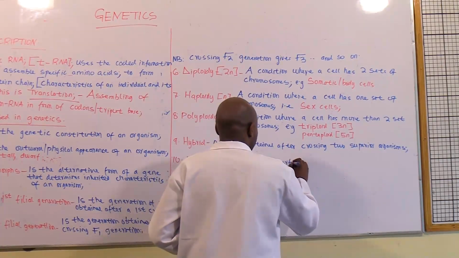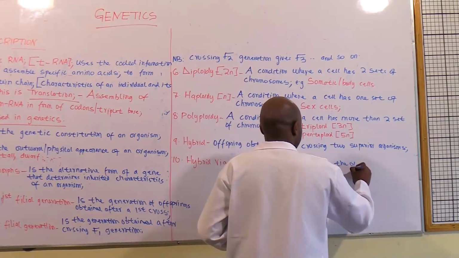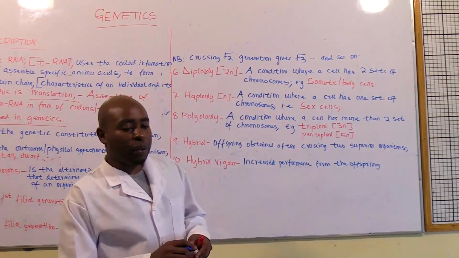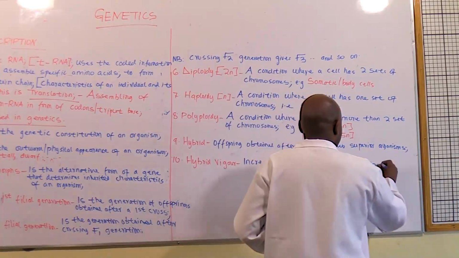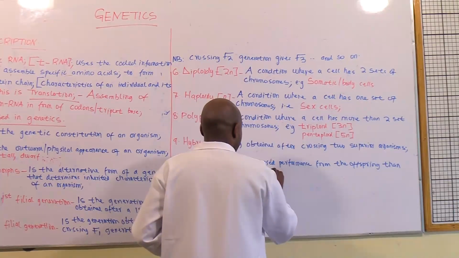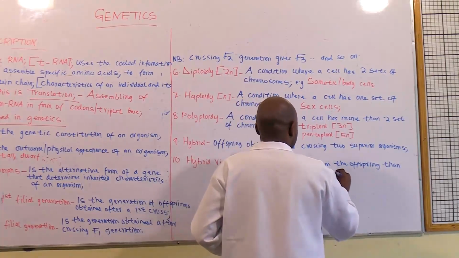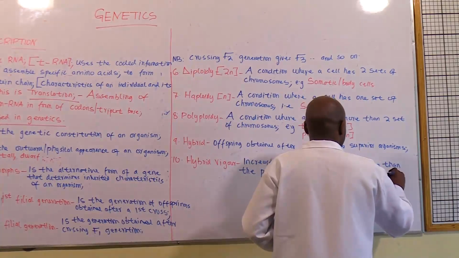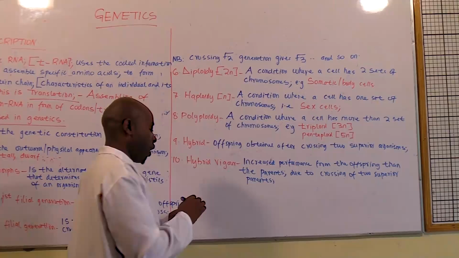Hybrid vigor is the increased performance of the offspring than the parents, that is normally portrayed due to crossing of two superior parents.